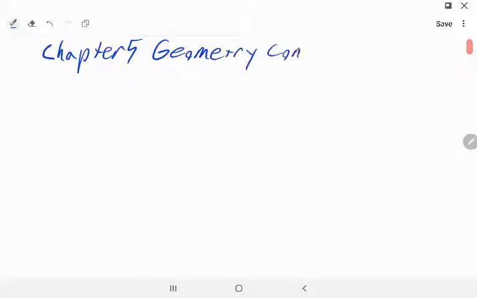So we're going to work on the idea of geometry concepts, chapter 5. We notice in section 5.1 we start with perimeter.